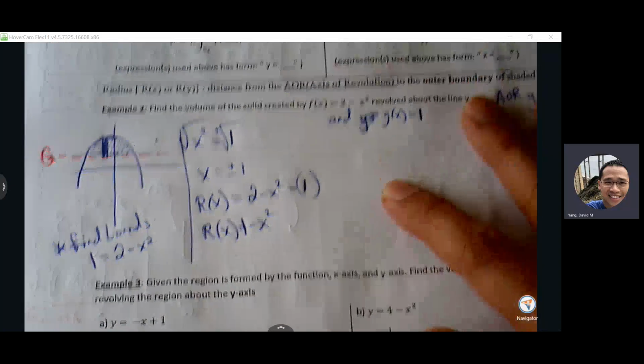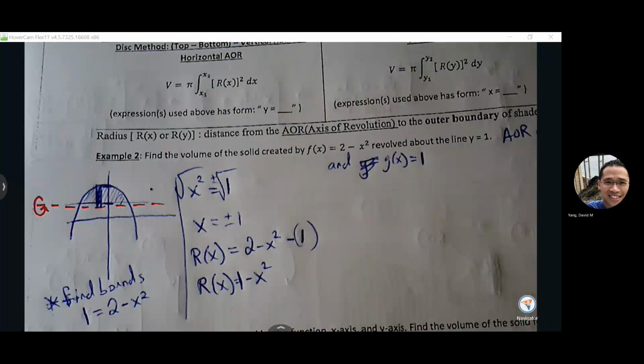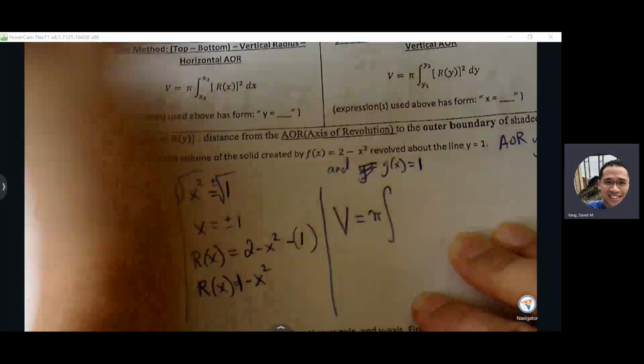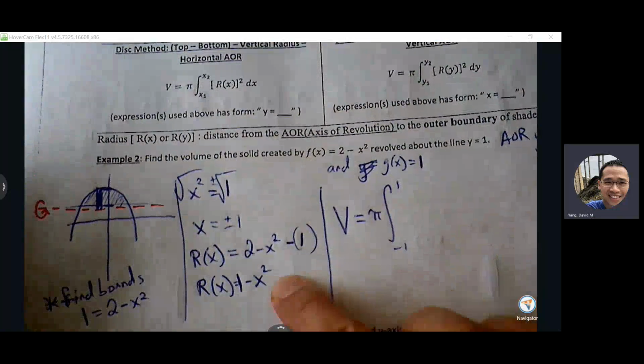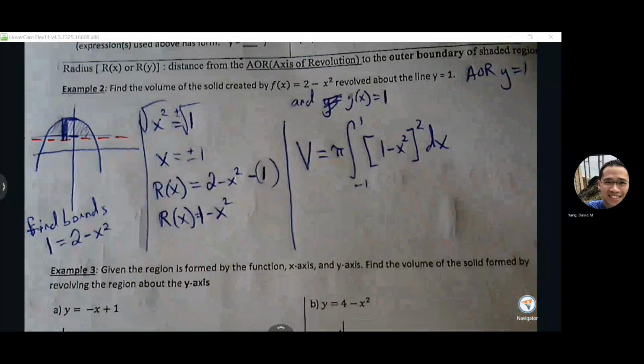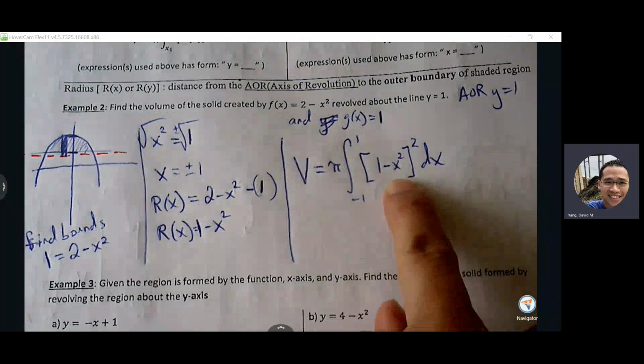All right, we have everything that we need to put into our formula here. So we'll say V equals pi times the definite integral from -1 to 1 of big radius squared. Make sure you put your entire expression. Now, if we want to solve this by hand, we have to do what?